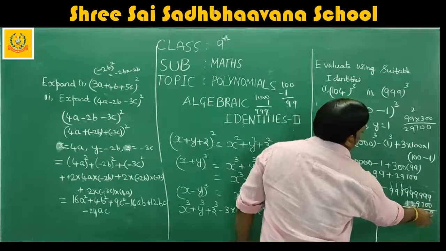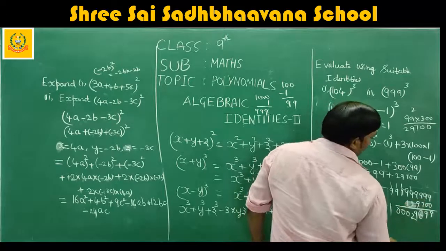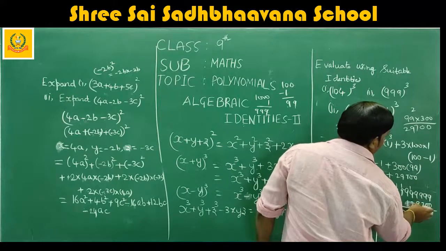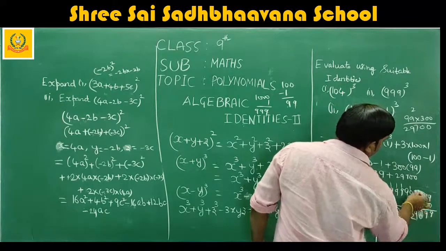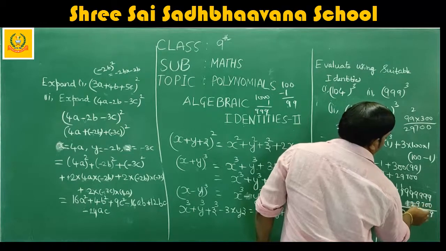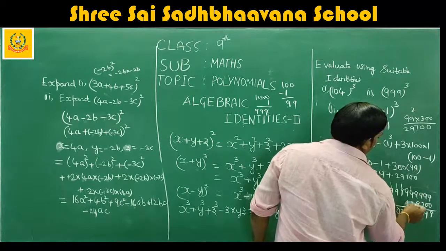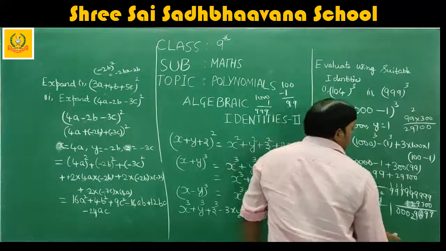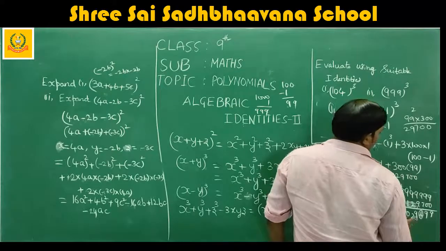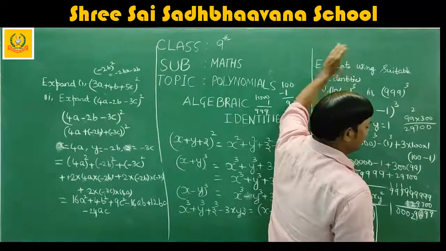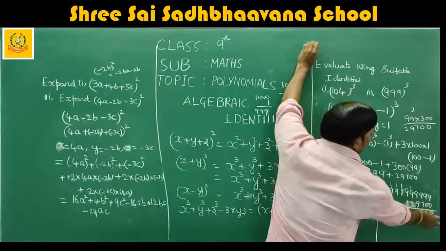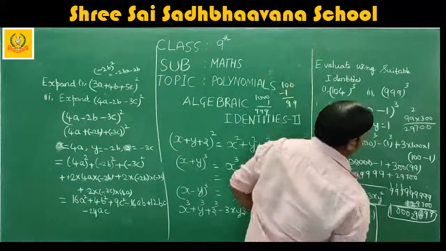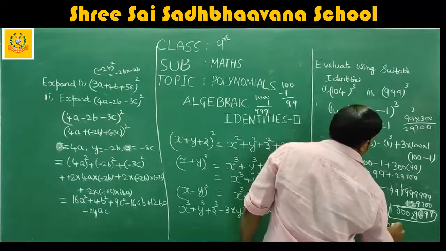So 9 plus 0 is 9, 9 plus 7, 16, so 1 you carry here, so 9, 9, 8, 19, so 19, 9, 3, 12, so 12, okay? Got it. I think this addition part you guys know. No need to worry about it. I'm not explaining that because it is a simple addition.